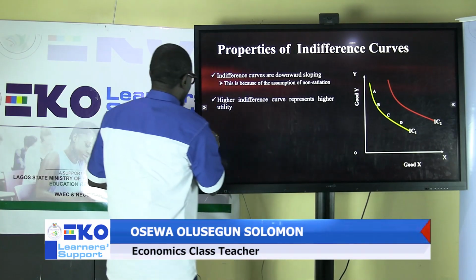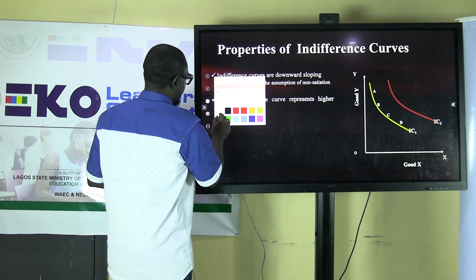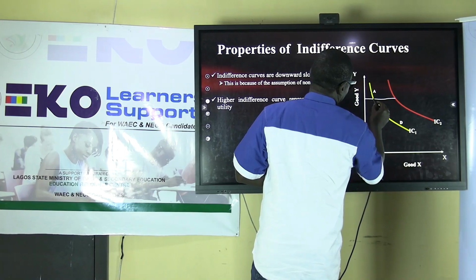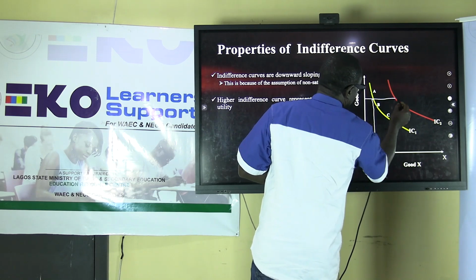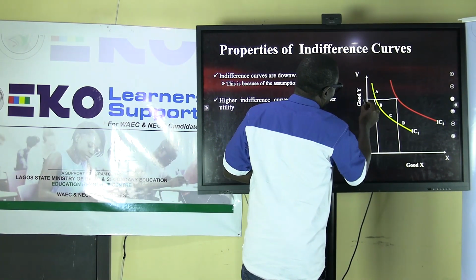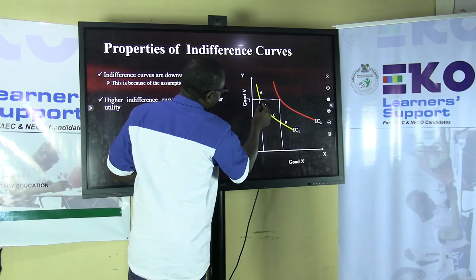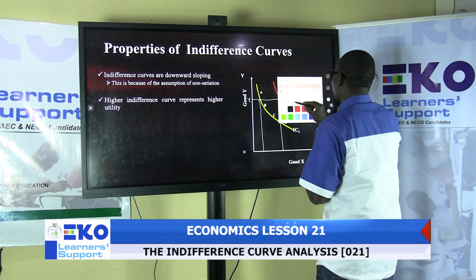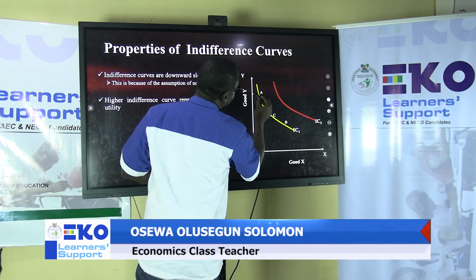So if we took this point, for instance, that crosses the two indifference curves and then connect them to the two commodities, let's make use of point A that is already here.